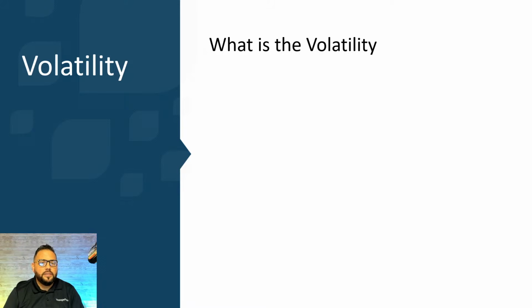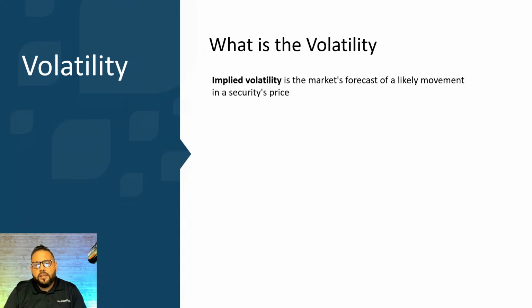And then volatility, one of the other pieces when it comes to options that can determine your profitability in an option. Volatility, or implied volatility, is a market's forecast of likely movement of a security's price. Likely movement, meaning volatility is the market's expectation that an asset can swing wildly. If something has a lot of volatility, then that asset can have some wild swings in price.